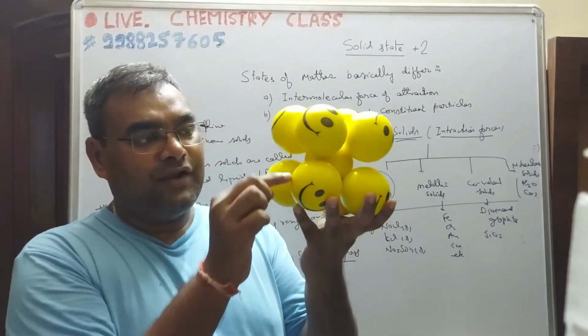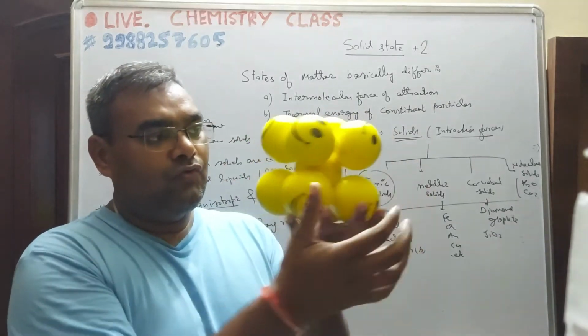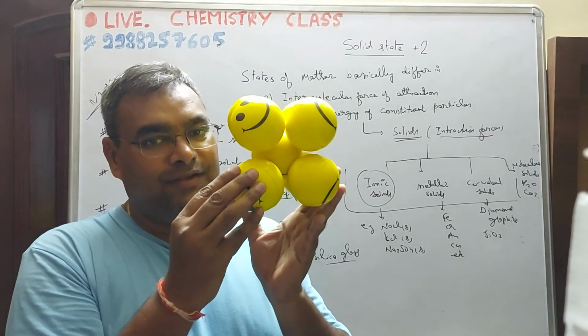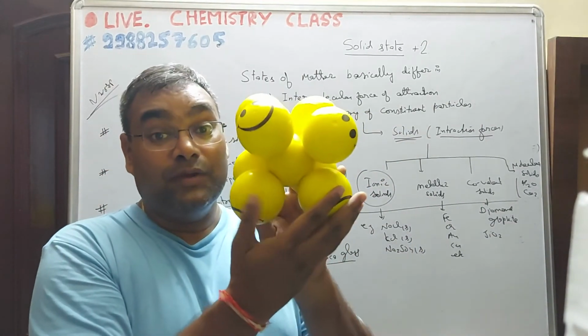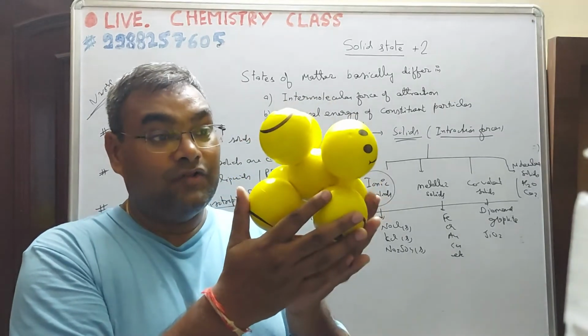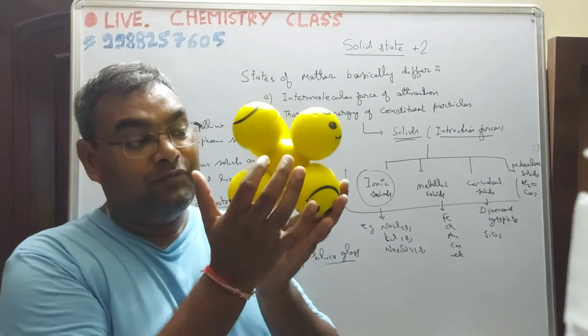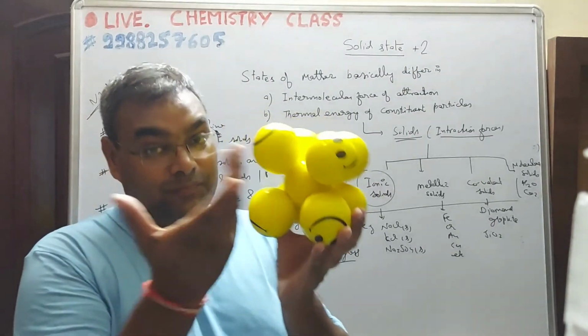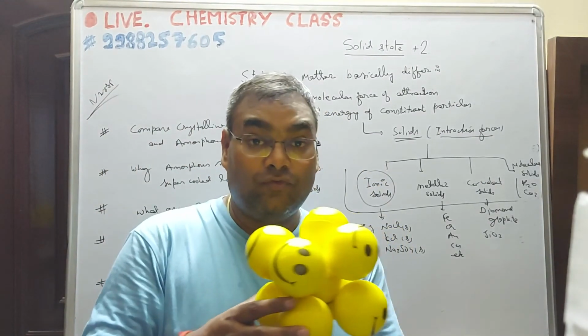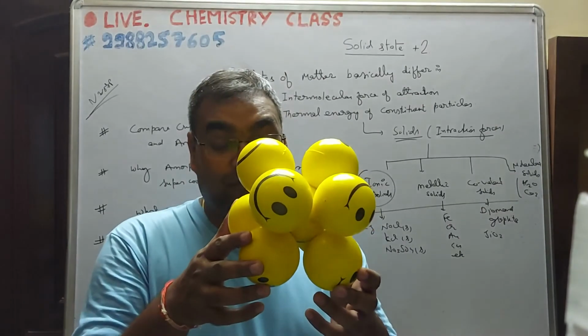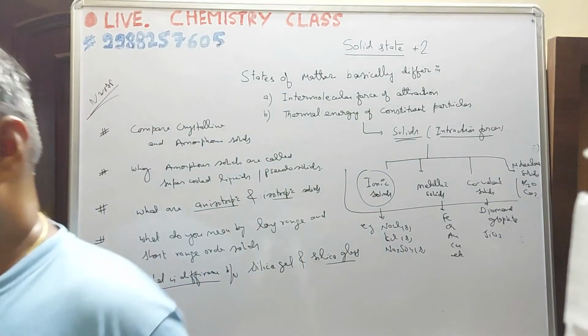If you join their centers throughout, then you get a cube. You get a cubic arrangement. In this cubic arrangement, 8 spheres are present at all corners and 1 sphere present at the center of the cube. So solids have definite arrangement with definite geometry.